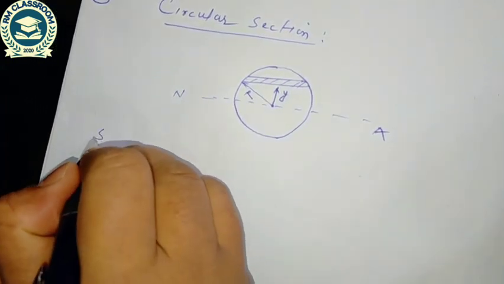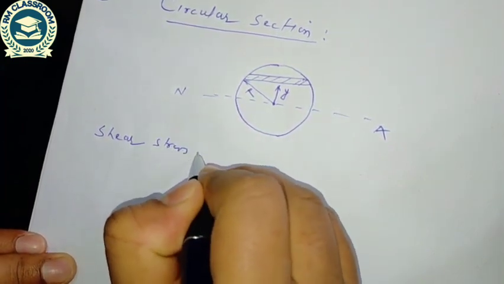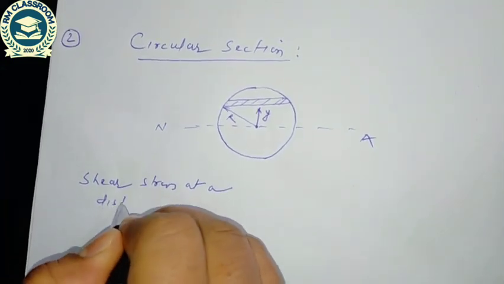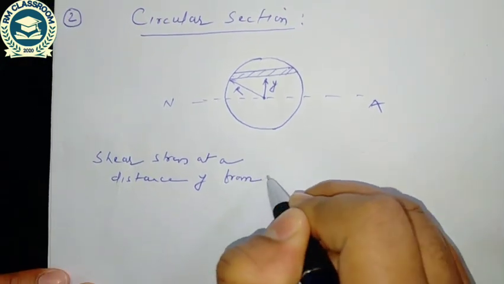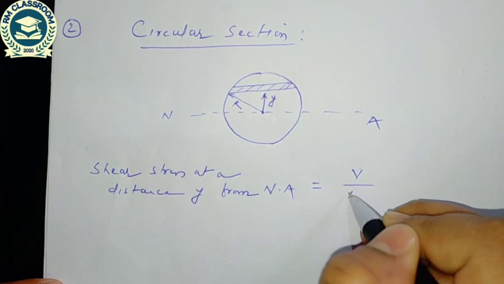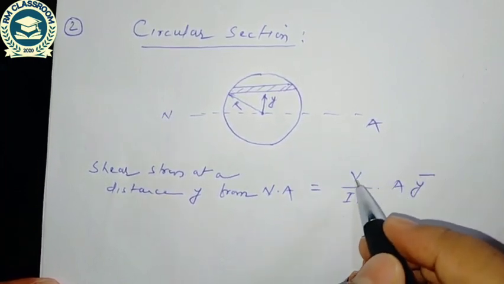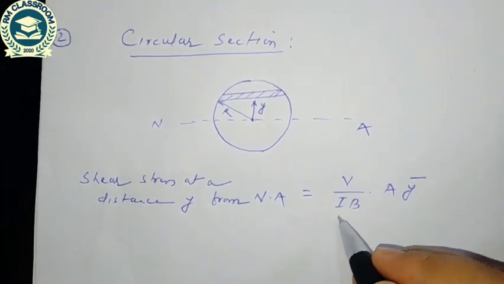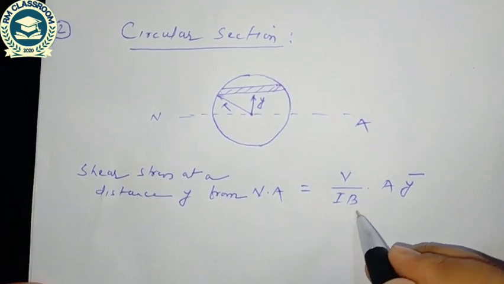So the shear stress at a distance y from the neutral axis is nothing but V upon I B into A y bar, where V is the shear force at that section, I is the moment of inertia, and B is the width.